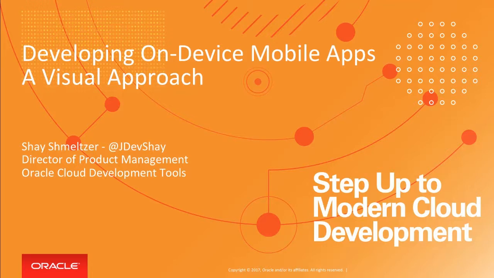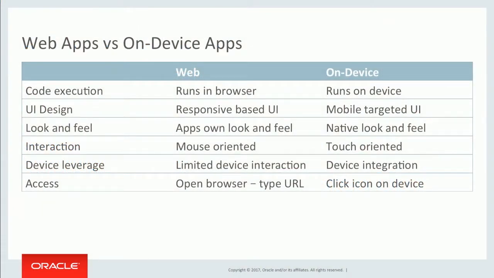So this session is specifically about developing mobile applications for on-device mobile applications, okay? And I think what I need to clarify first is what's the difference between on-device and web.